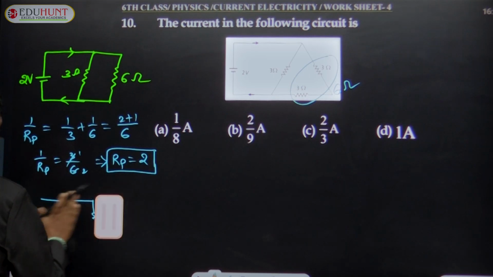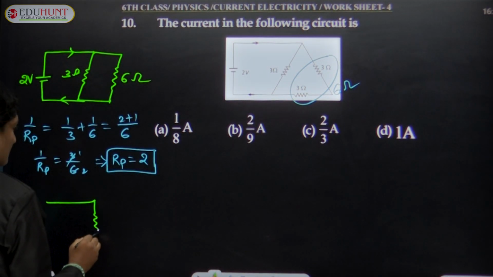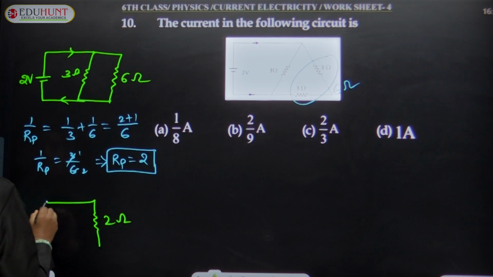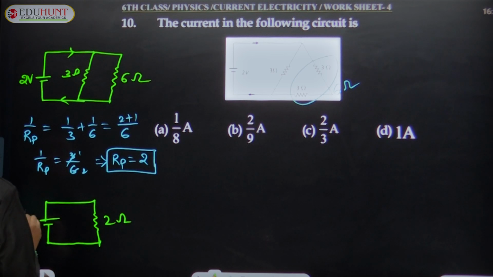The effective resistance is 2 ohm, and the voltage is 2 volts.